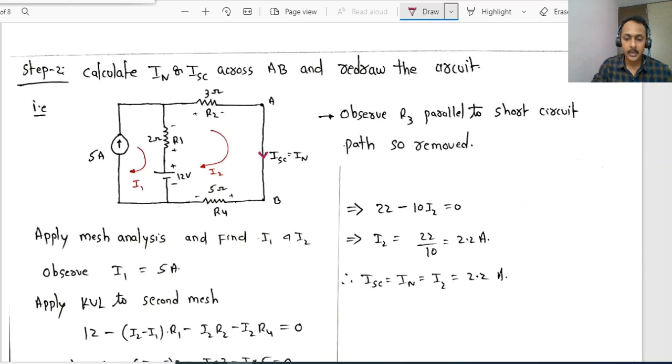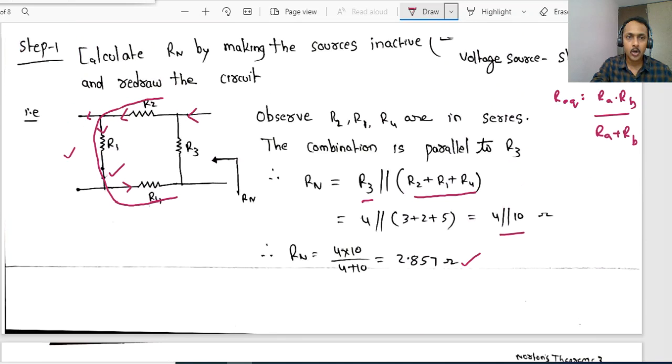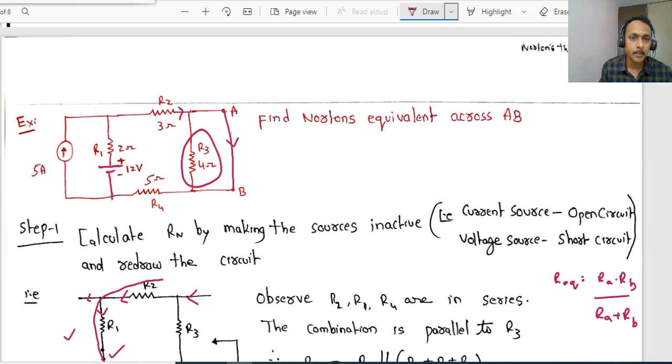Dear students, observe now in the given problem. Once you have short circuited A and B like this, whatever current comes up to here will flow through the short circuit path. Now the resistor parallel to the short circuited path can be removed.